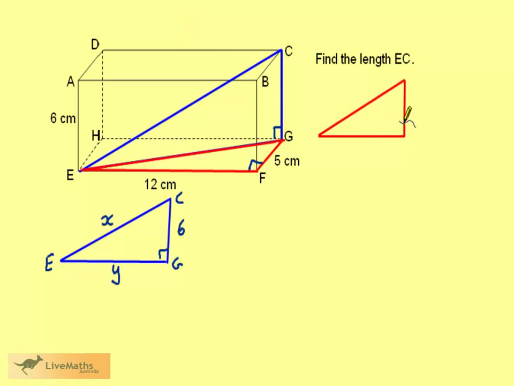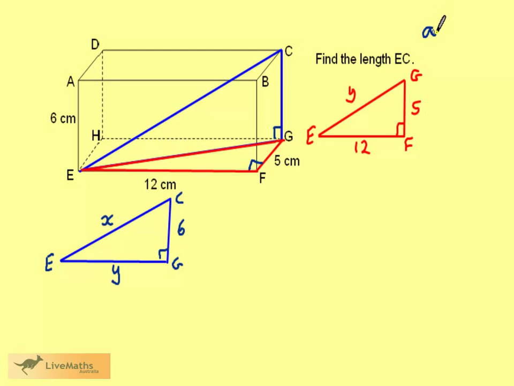We know it's right-angled here at F. So we have E, F, and G. EG we've called Y. From the cuboid we can see that EF is 12 centimeters long and FG is 5.